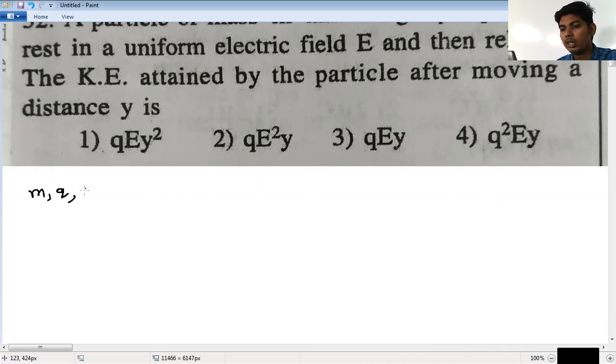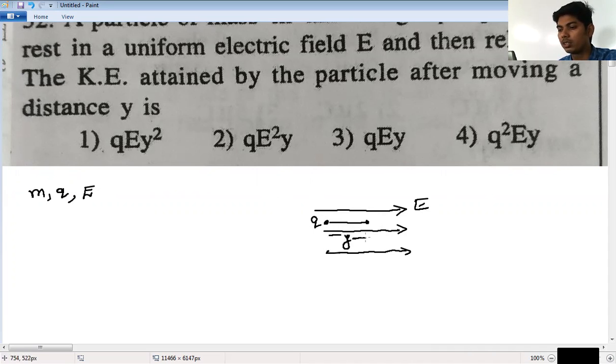Let us suppose this is a uniform electric field E in which a charged particle Q is placed. In this electric field, the charged particle travels a distance equal to y. You need to find its kinetic energy.